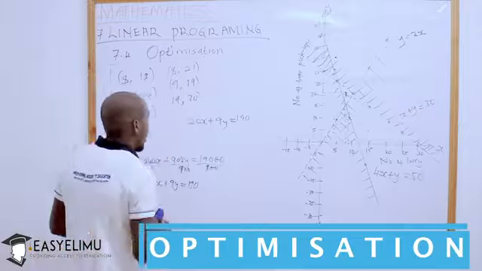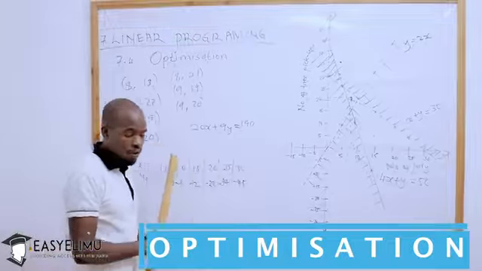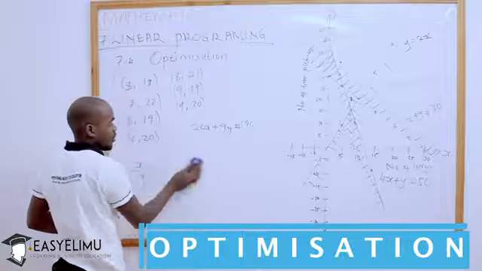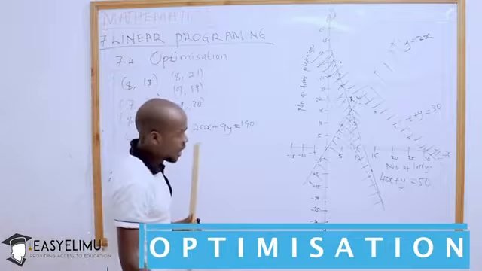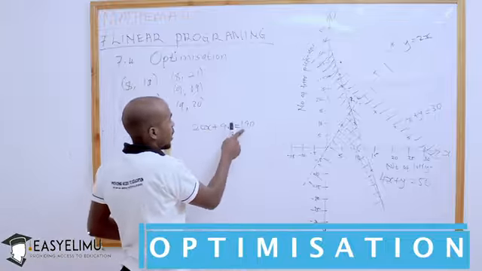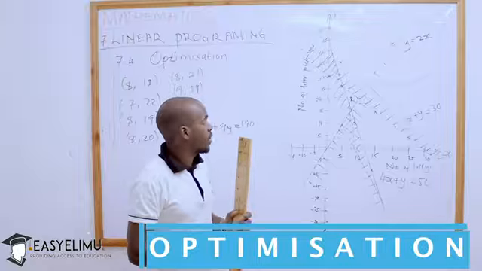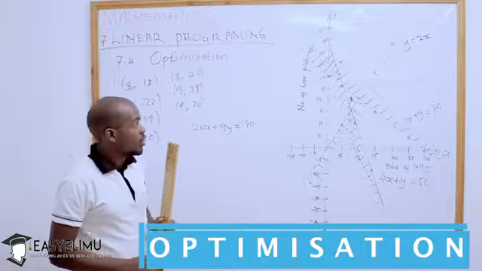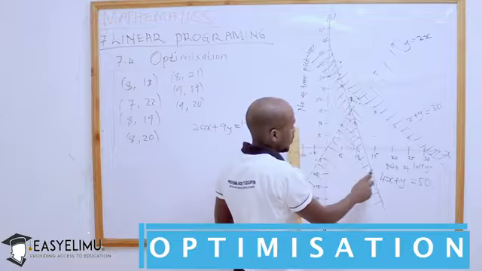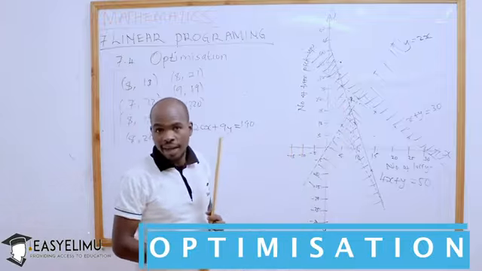Let's draw that one on a Cartesian plane. Now from the graph, we can construct a line, and I've drawn a line of 20x plus 9y equals 190 from the points which I selected using the objective function line. The line which I have drawn here, resembling what is here, is what we refer to as the search line.